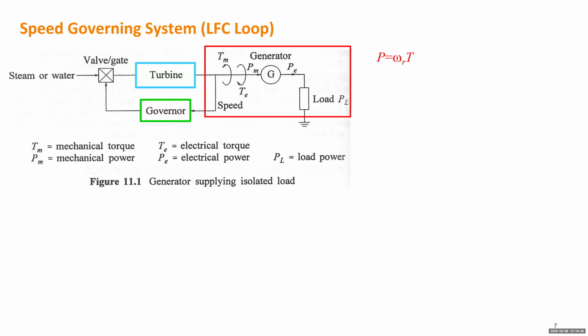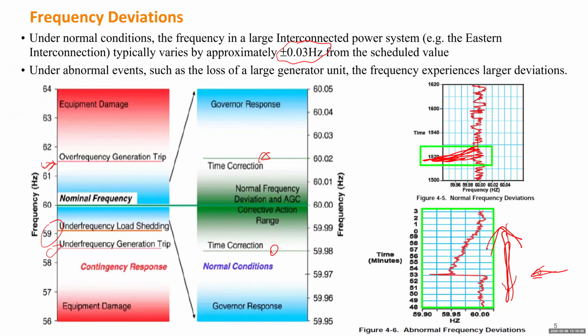Why? Because as we just saw, the frequency can only operate within about a half Hertz variation. Half Hertz divided by 60 is less than 1%. Which means even if we consider the normal frequency, which is at the blue or even the green area, the green area has 0.01 Hertz, 10 millihertz, divided by 60 Hertz, so that variation can be ignored.